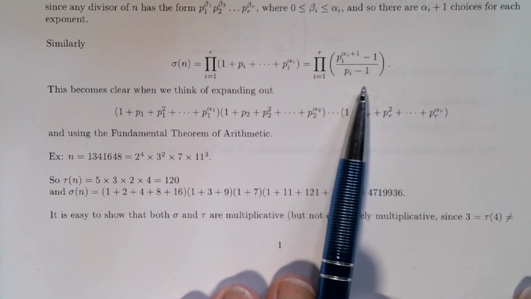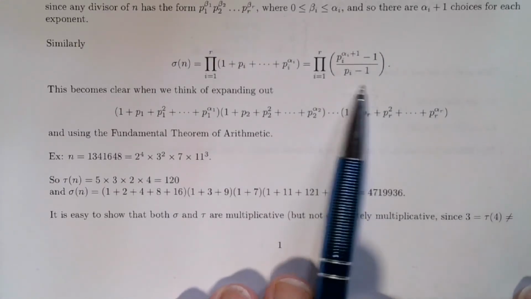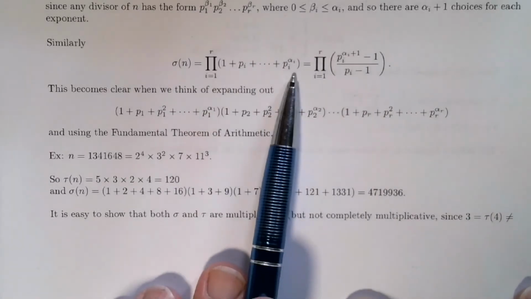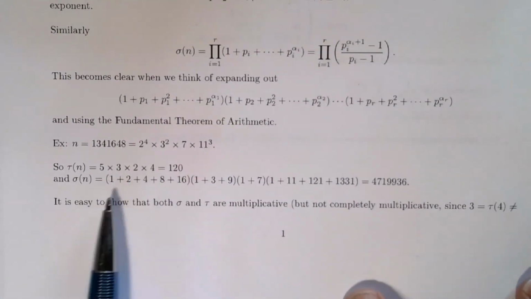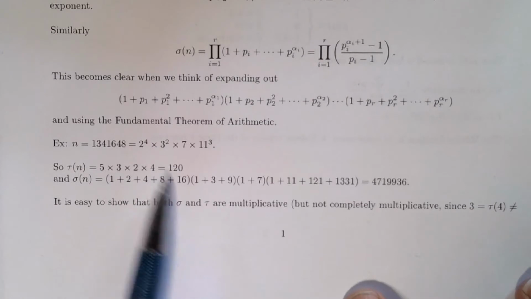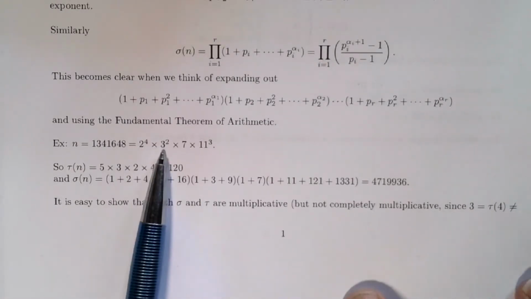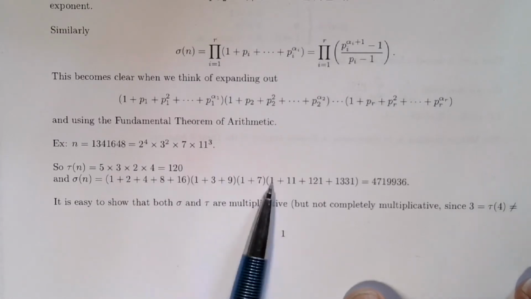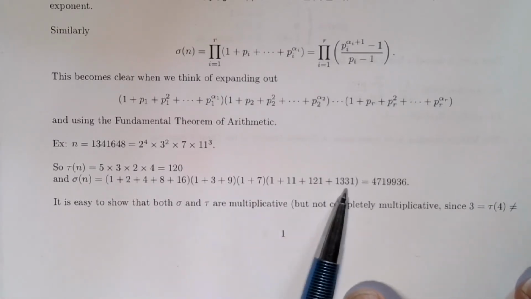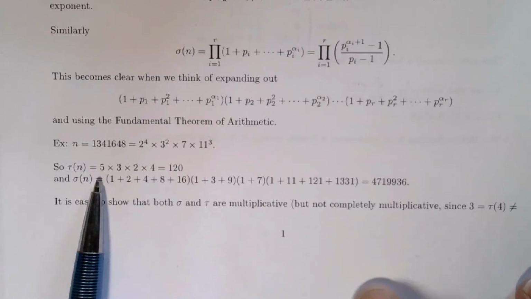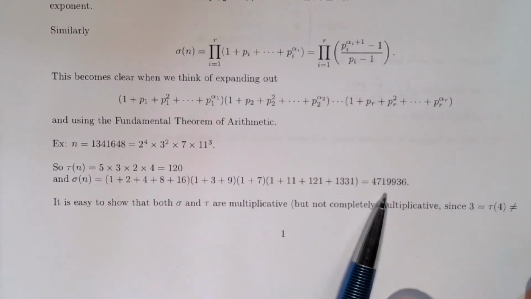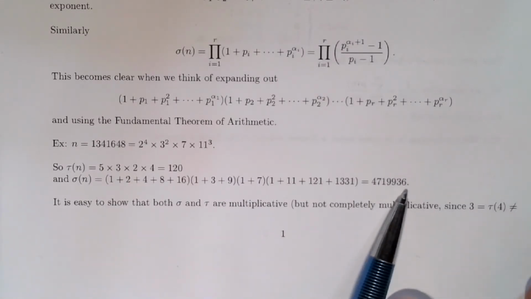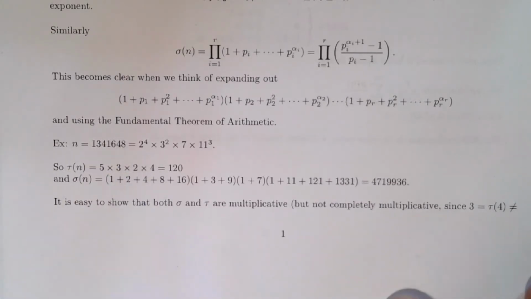Unless the power is very large, I generally just do this each time. So for the 2, I can write 1 plus 2 plus 4 plus 8 plus 16, and then multiply by, for this one, 1 plus 3 plus 9, 1 plus 7, then 1 plus 11 plus 121 plus 11 cubed, and then quickly calculate that, and I end up with 4719936. So that is the sum of the factors of this number.